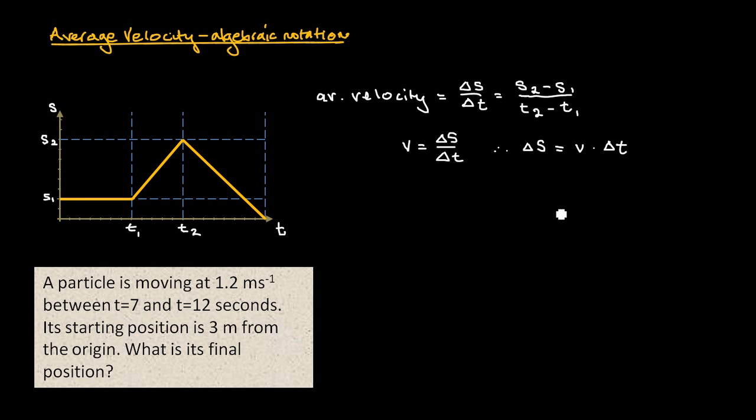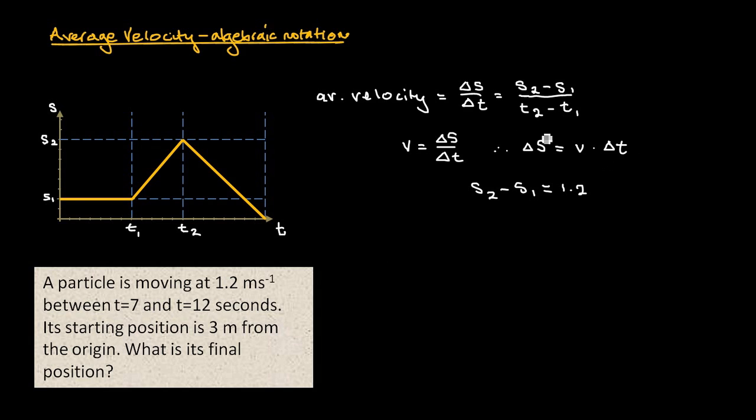Okay, like that. Now, if I then go back to this idea of subtracting the first distance from the second distance, then I'll get the displacement. So I've got s2, so I'm just expanding that. s sub 2 minus s sub 1 is what we've got on the left-hand side now. And the velocity we've been given, which is 1.2. And now we're going to multiply by the change in time.